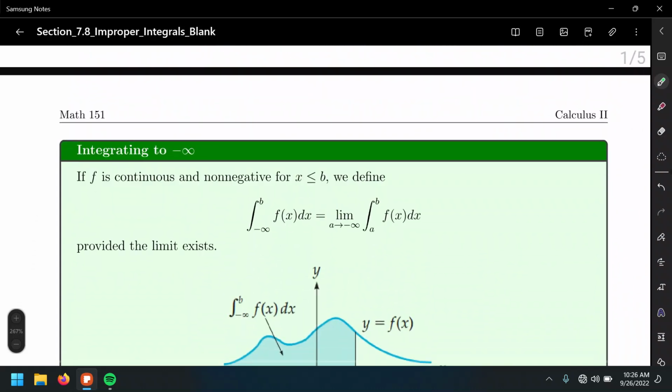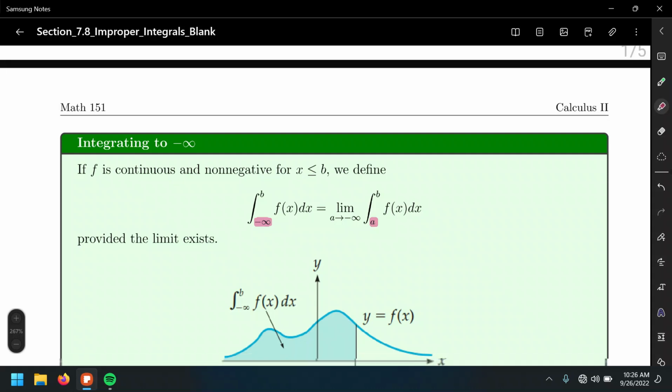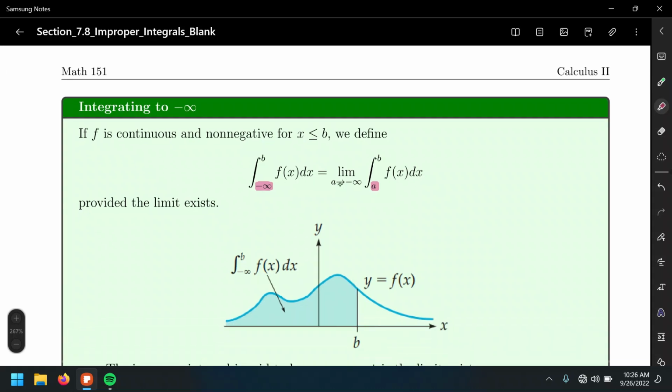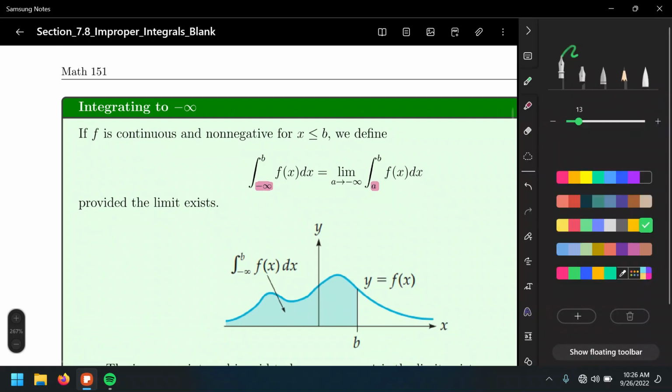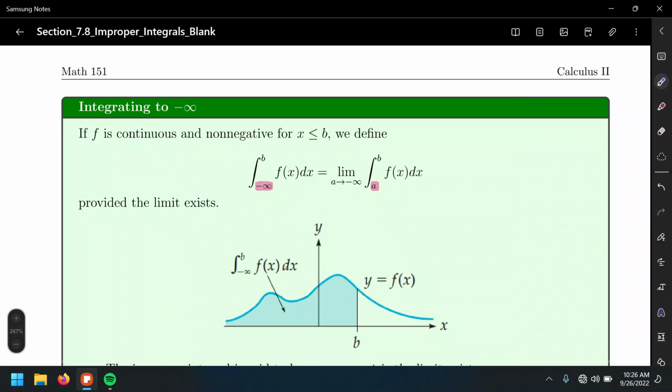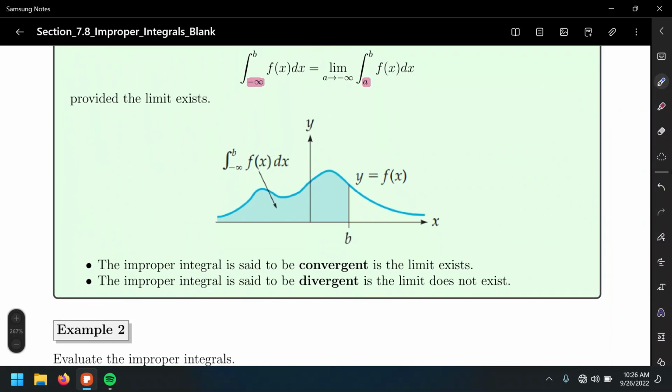And because usually the lower limit is related to the a value, because we integrate from a to b, this time our limit is going to be from a, as a is approaching negative infinity. Everything else is going to be just about the same. So let's do an example.